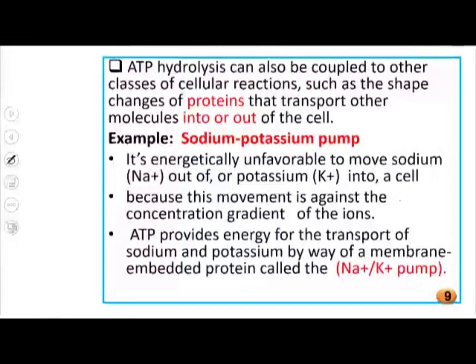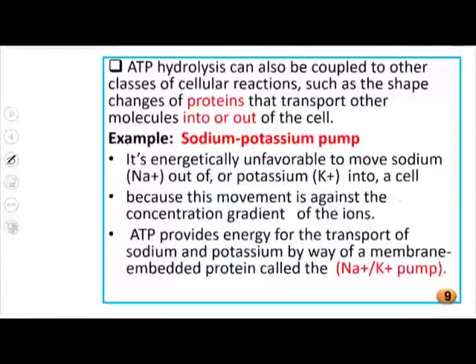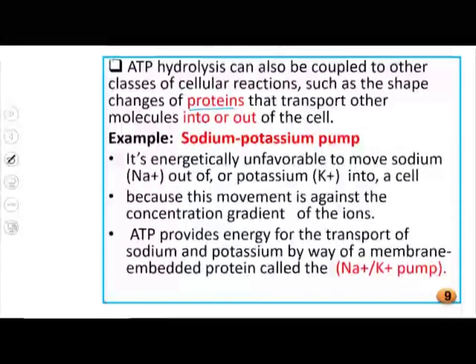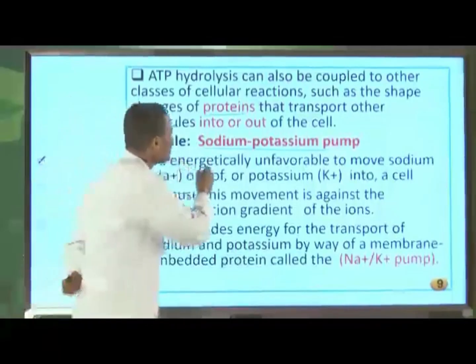Here, ATP hydrolysis can also be coupled to other classes of cellular reactions, such as the shape change of proteins that transport other molecules in and out of the cell. An example of a coupled reaction is the sodium-potassium pump.